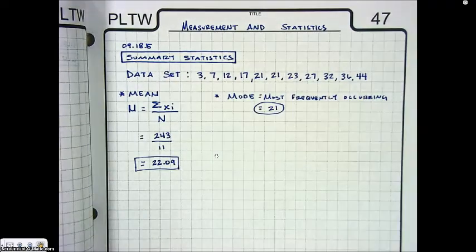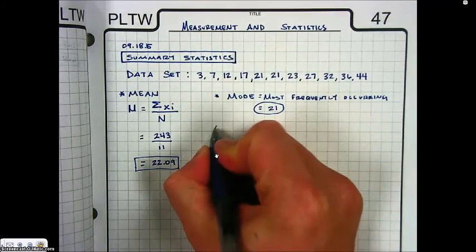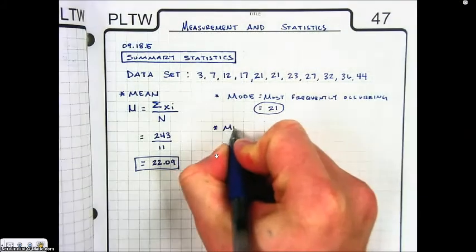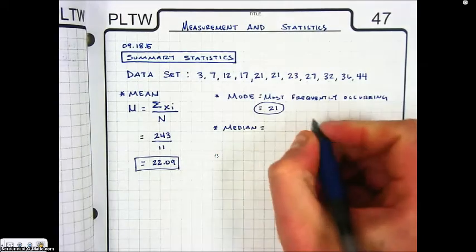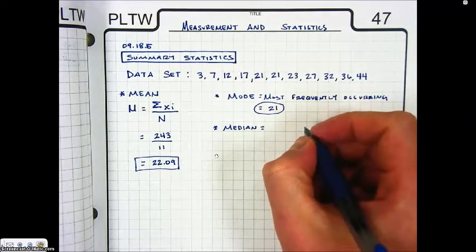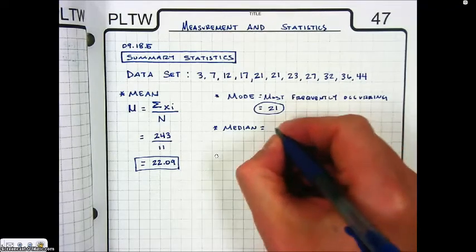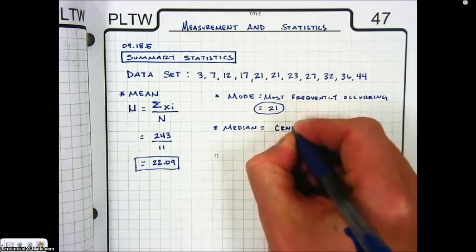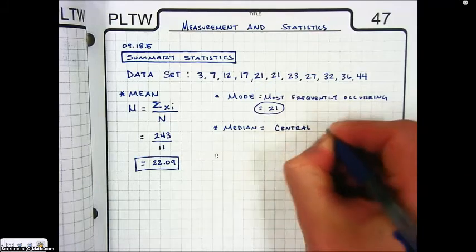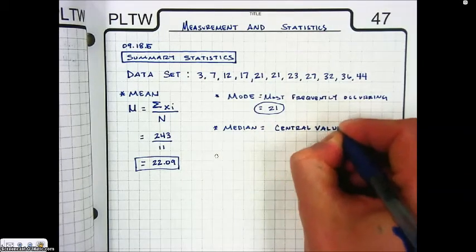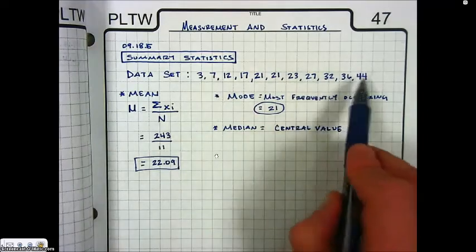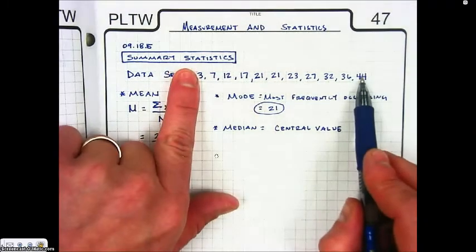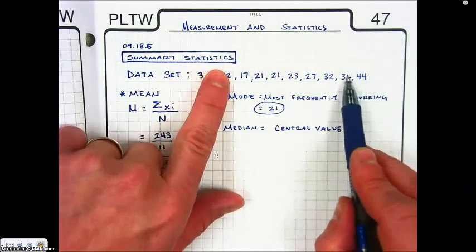Our median is equal to the central value. So how you find median, you put all the numbers in order, and it's whatever one ends up being in the middle.